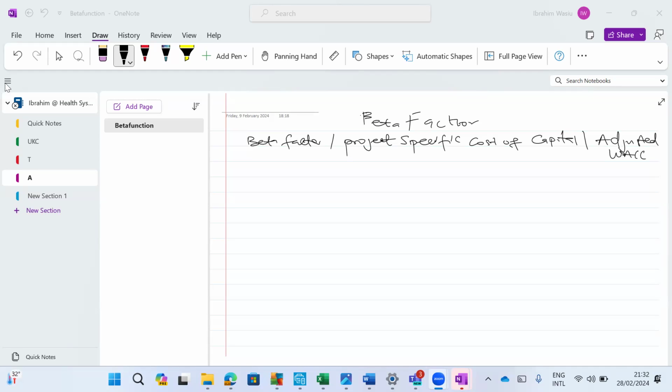That's why they call it project specific cost of capital or adjusted work. Because once you try to adjust your line of business or your nature of business, it's going to affect the business risk, which means if you are into transportation and agriculture before, the risk you face doing those two won't be the same risk when you try to add oil and gas to it.